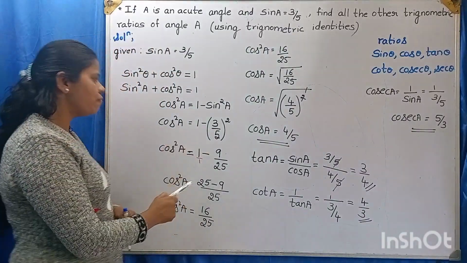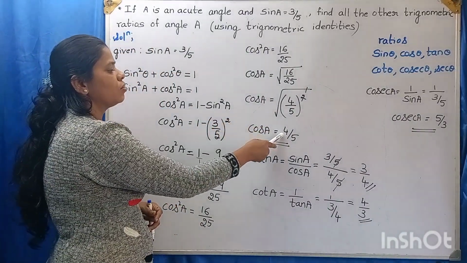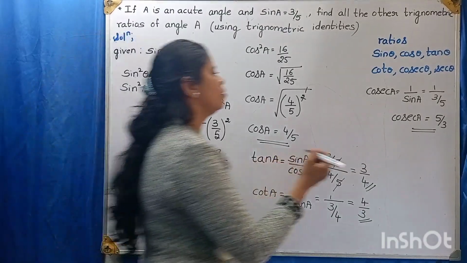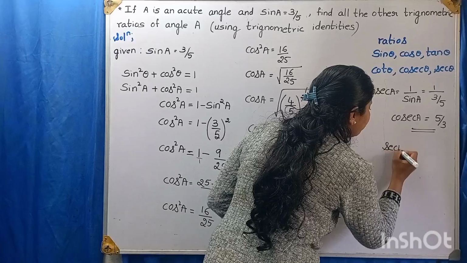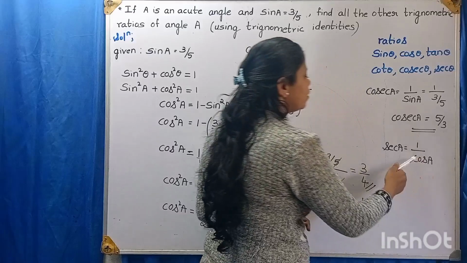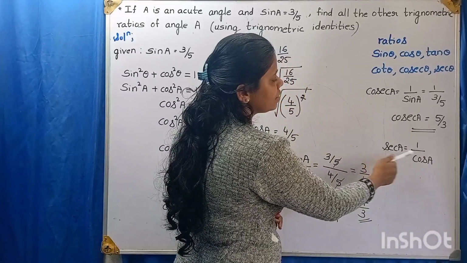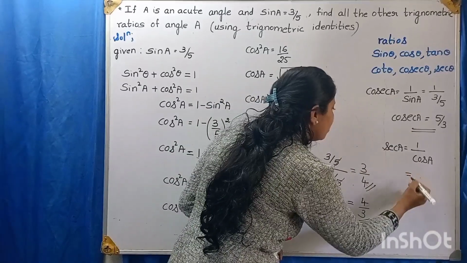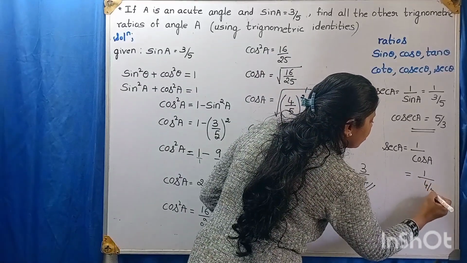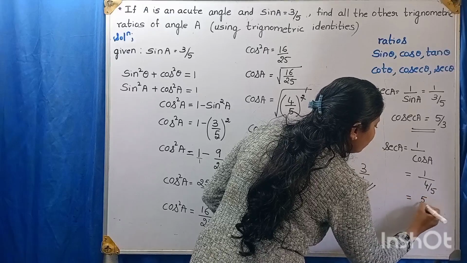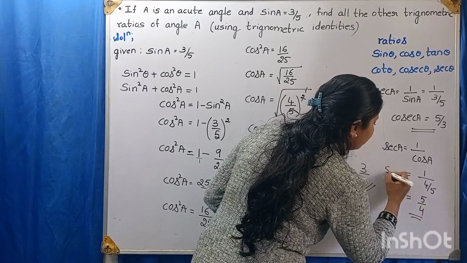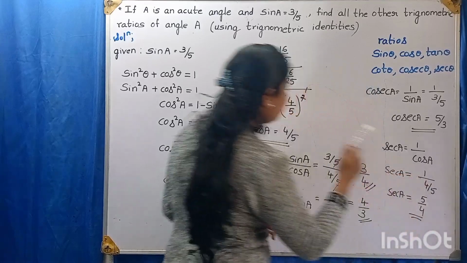Now, we know the value of cos A, right? So, we can find out the value of secant A, because secant A is equal to 1 by cos A. Therefore, 1 by 4 by 5 is 5 by 4. That is the value of secant A is 5 by 4.